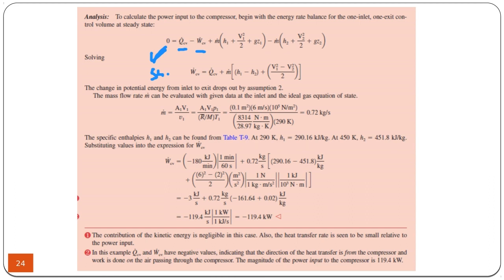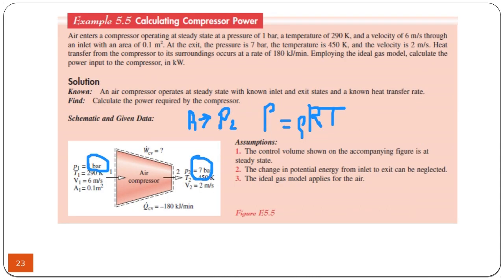Then we have the total energy in the incoming stream plus the total energy at the exiting stream. So the work can be written as QCV plus the net enthalpy and net kinetic energy, because we may assume that there is no elevation difference in the compressor. As you can see, the air leaves the compressor at the same elevation, meaning that there is no change in the potential energy.